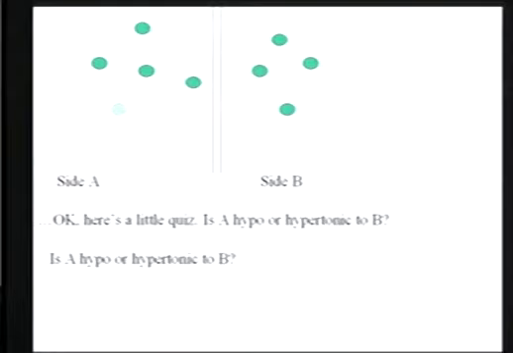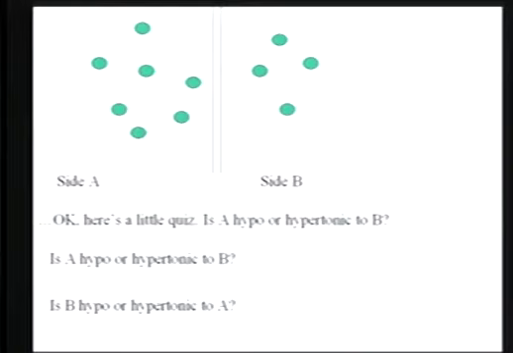Good. Well, let's add a few more molecules here on side A. Is B hypo or hypertonic to A? Hypo, exactly, because B is lower salt than side A. We would say then that side A is hypertonic with respect to side B. Okay, so we add a few more.